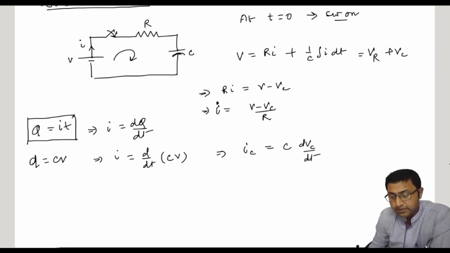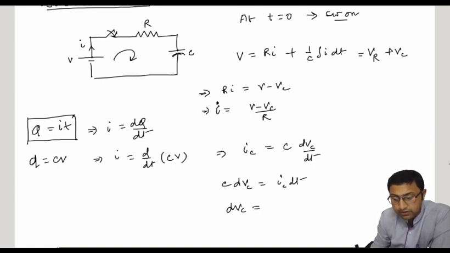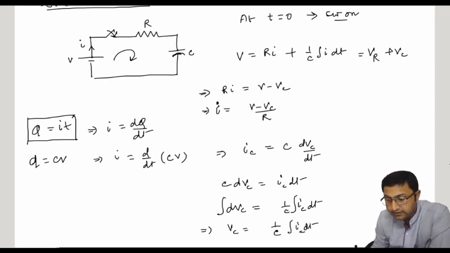So from that we can write C dVC is equal to IC dt. Okay, so that means dVC is equal to 1 by C IC dt. So if we take the integration, then we can write VC equal to 1 by C integration IC dt.